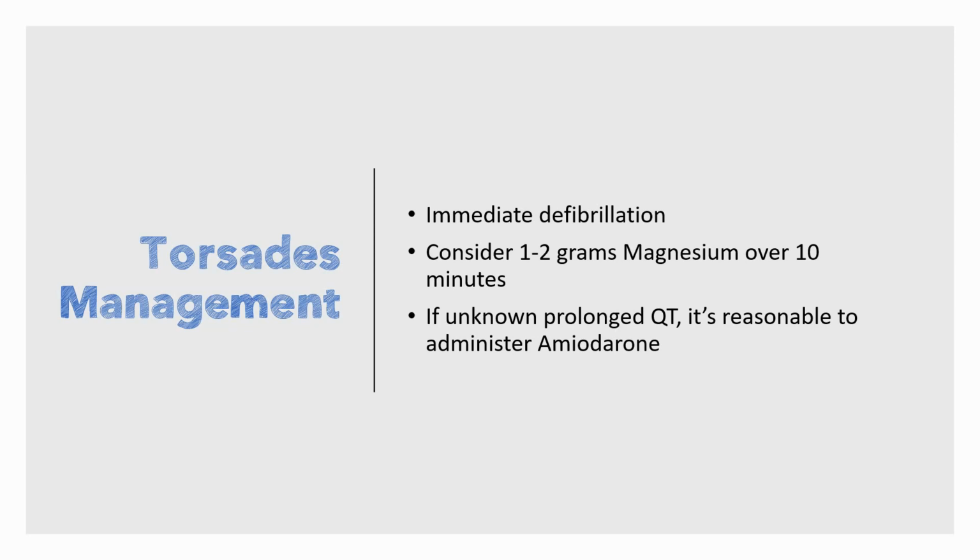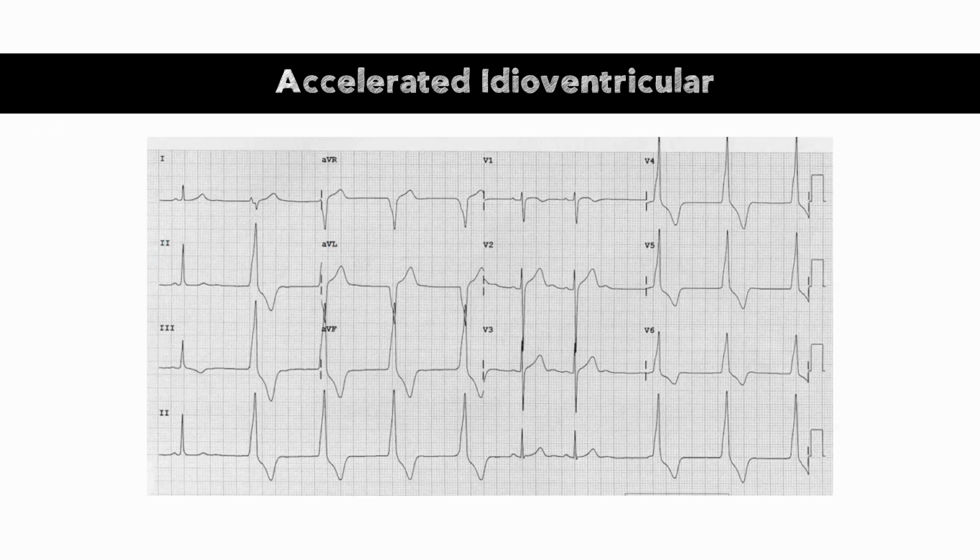If you want to give 10 mLs over a minute in order to give 100 in 10 minutes, then you need to give 100 drops a minute. If you don't know if the QT is prolonged, then it's also reasonable to administer amiodarone.